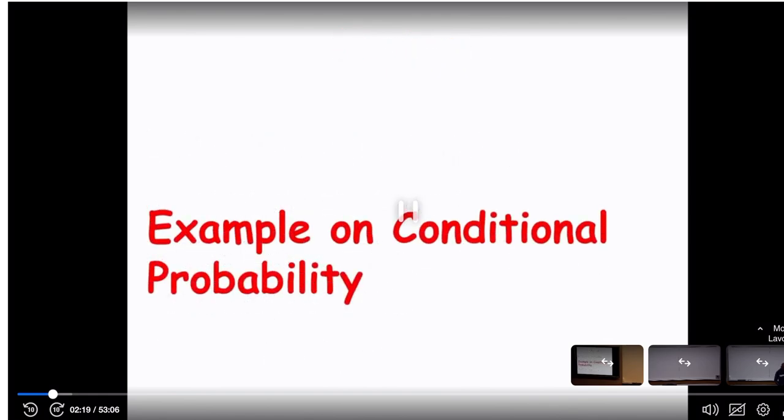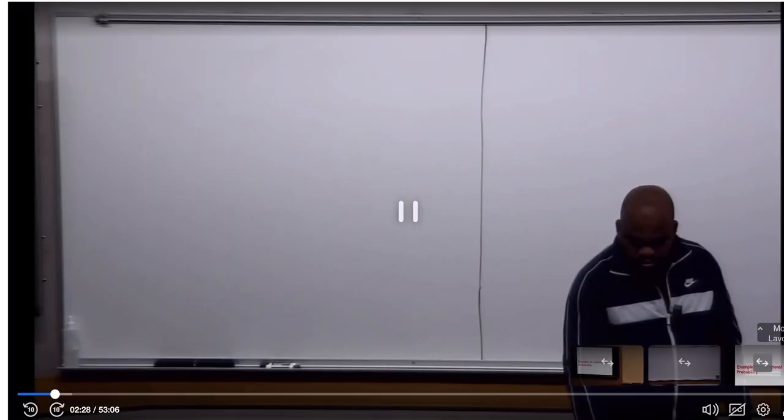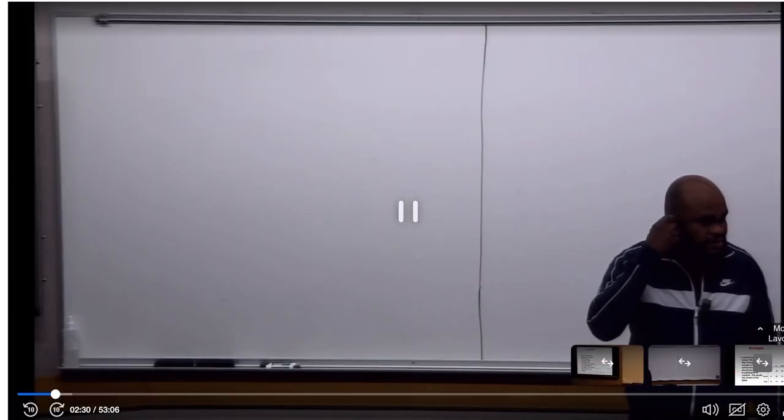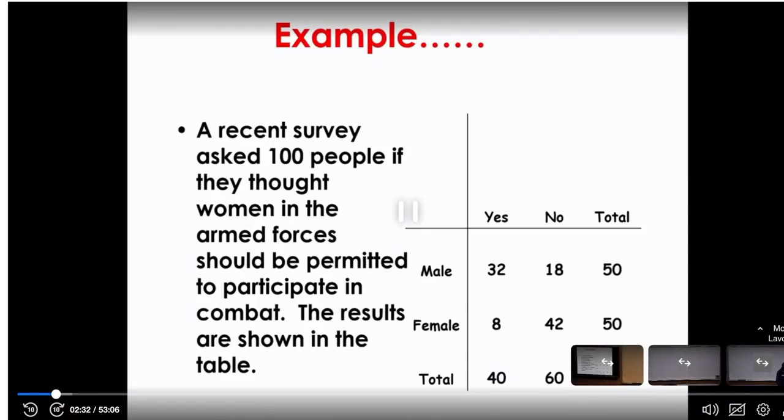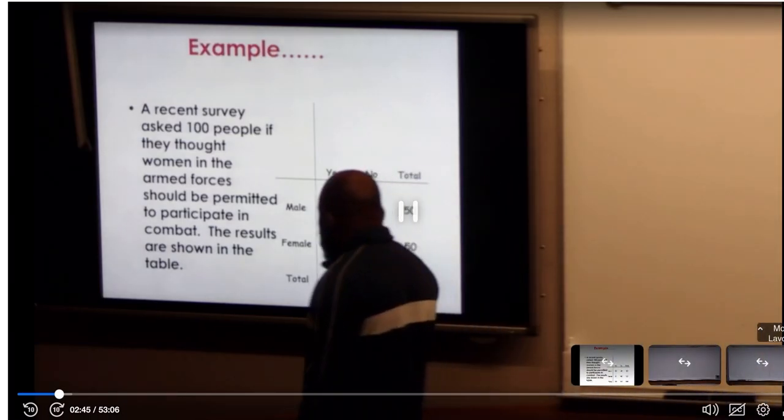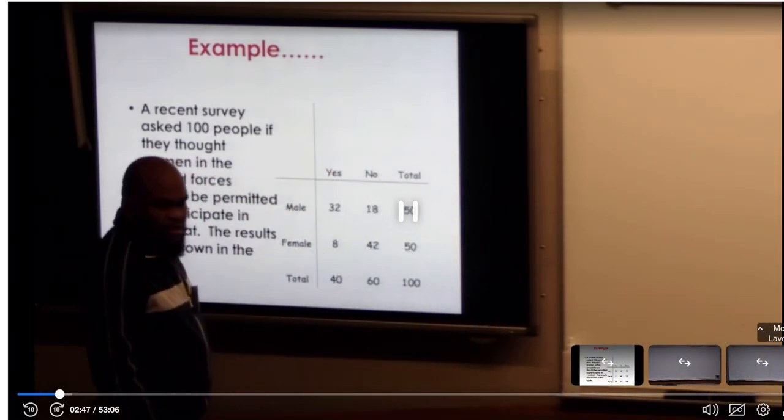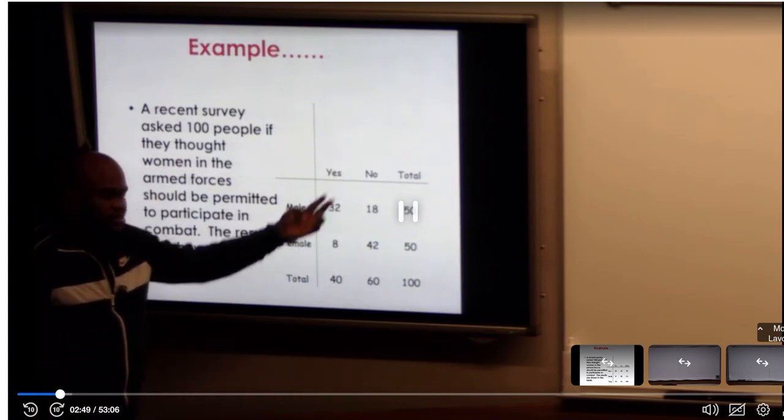But I'm going to first start with some worked examples. Okay, take a look at what I have here. This is a survey that was conducted, and of course, you have two categorical variables: gender and responses.